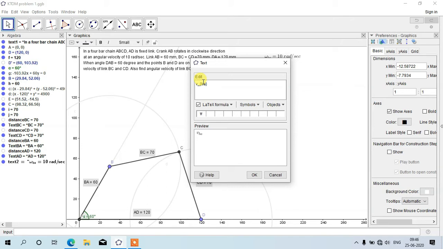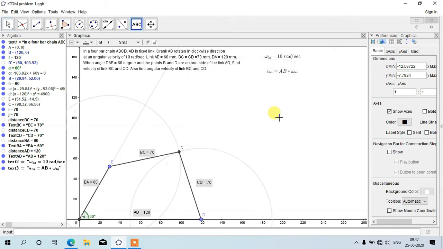Velocity of point B with respect to A is equal to, we know the formula, length of the link multiplied by angular velocity omega of B with respect to A.